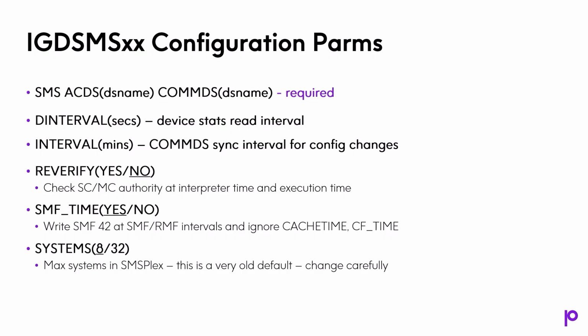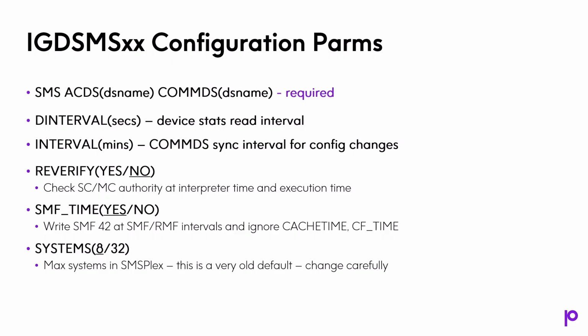But it might also be checked at execution time. If jobs spend a long time in a queue waiting to be executed, or maybe for JES3, you might want to look at specifying re-verify equal yes to check the management class authority at execution time as well as at interpreter time.